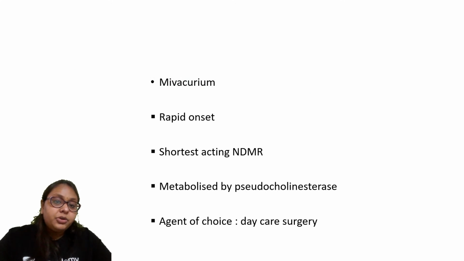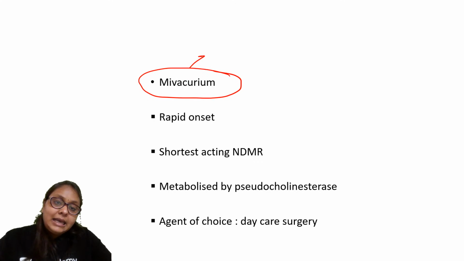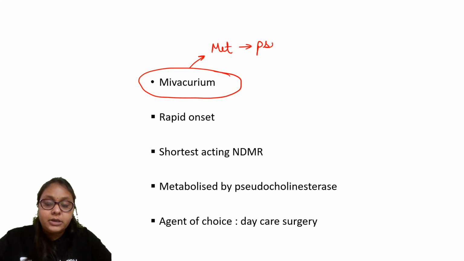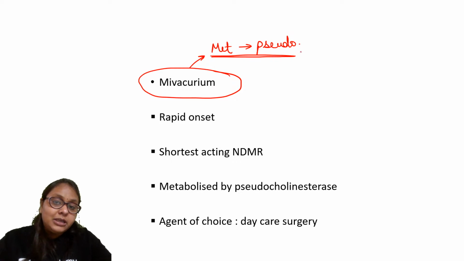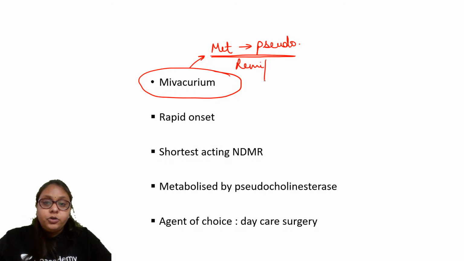Now mivacurium, I told you first, it is metabolized by what? It is metabolized by pseudocholinesterase. Other drugs which I told you today which are metabolized by pseudocholinesterase: remifentanil, and all the ester local anesthetics, except what?